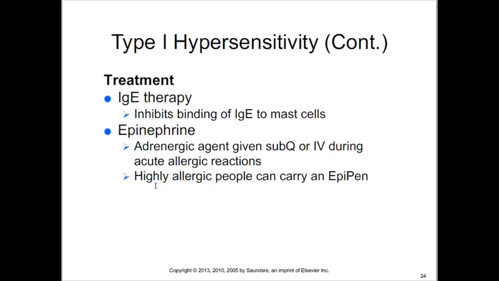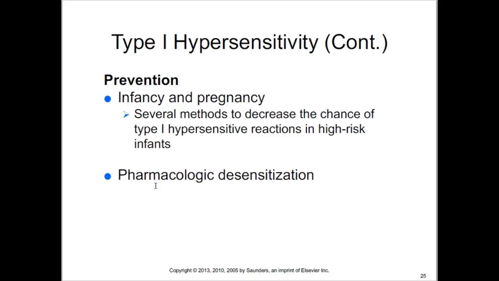It works exactly the opposite of histamine. So it might cause a vasoconstriction, but it's definitely going to cause a bronchodilation. And if it's given IV, it's going to obviously be propelled through the heart, and then the heart rate can increase significantly. All right, so prevention, right?